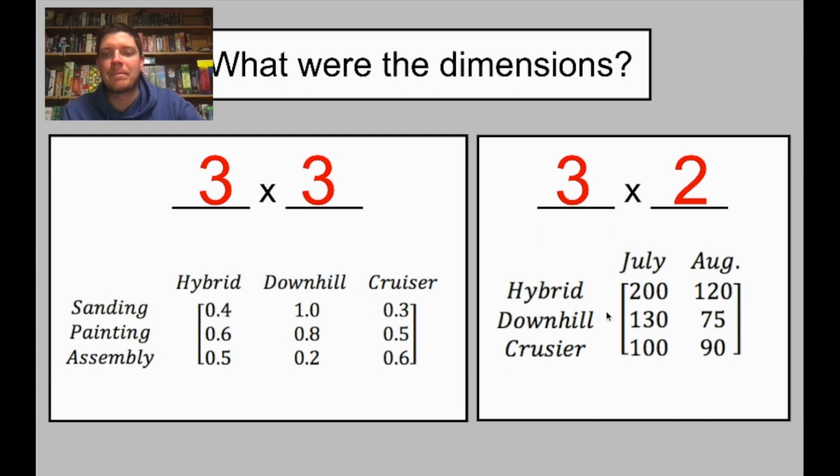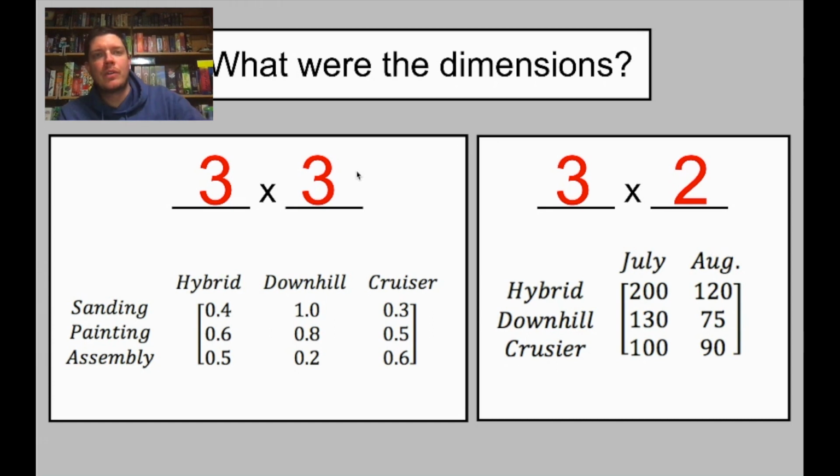You can see that pretty easily. We also had a different matrix about how many of each longboard was sold in July and August. On your homework, you probably had different numbers, but it was the same setup. So I had a 3x2 matrix here.